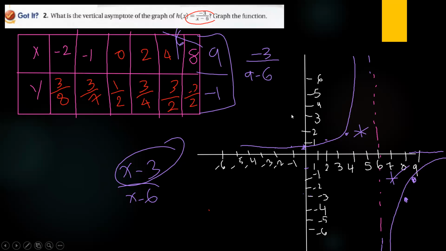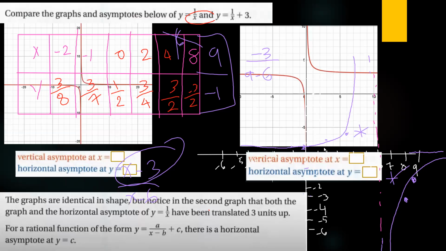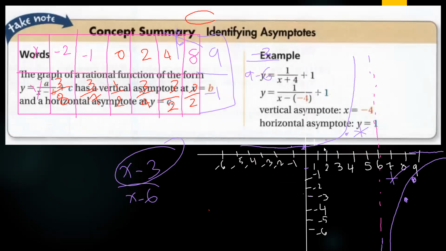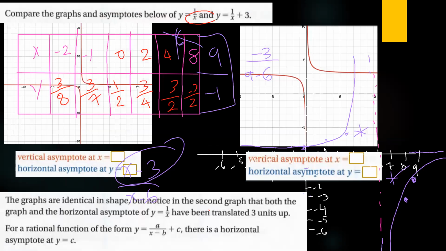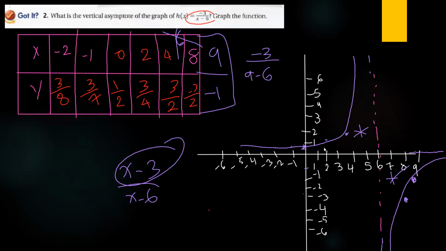So you need to plot points here in the second and the fourth quadrant. In other words, when you plot the points, since you know that the asymptote is at x equals 6, just take points less than 6 and points greater than 6. That can help you. Because for sure, the graph will approach 6.